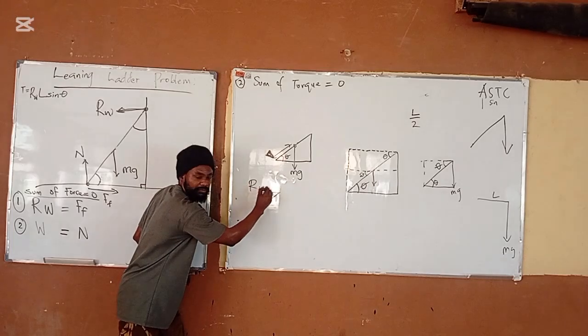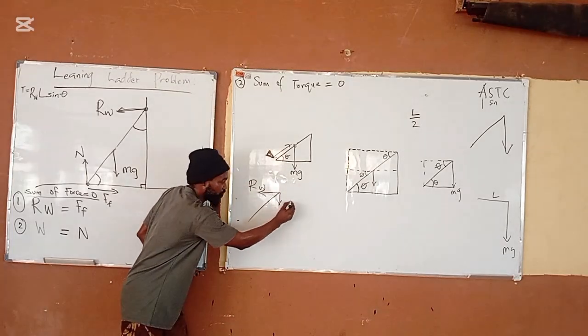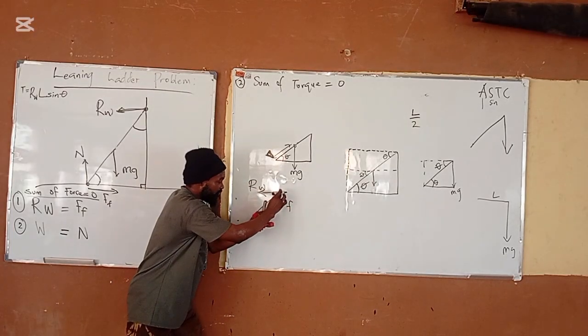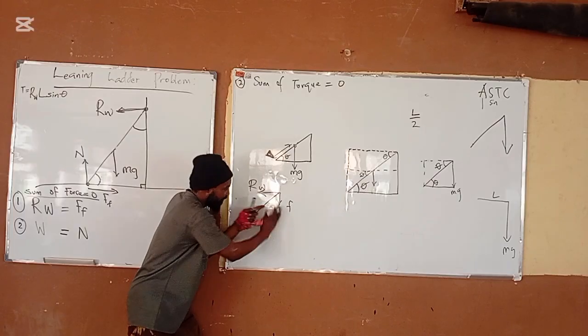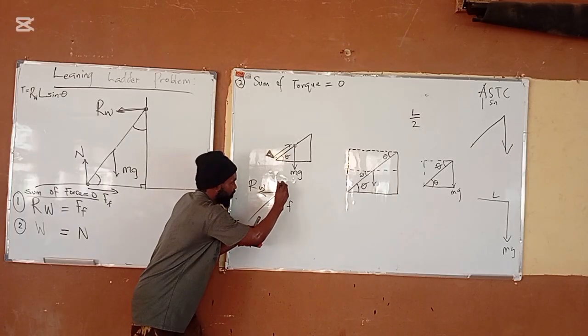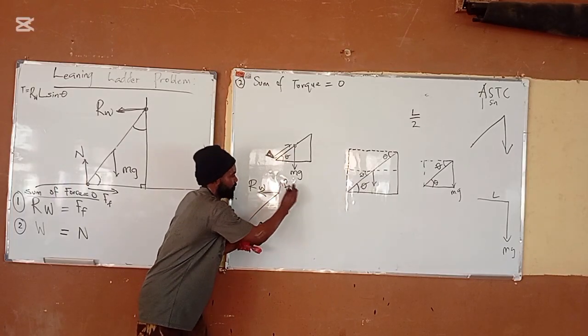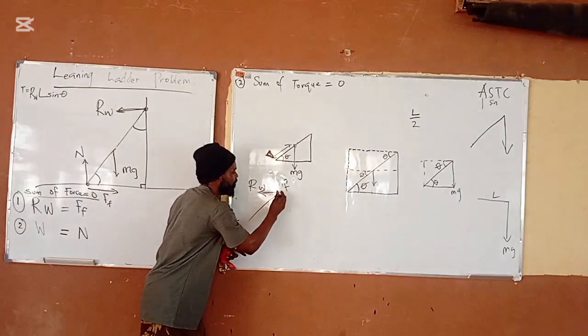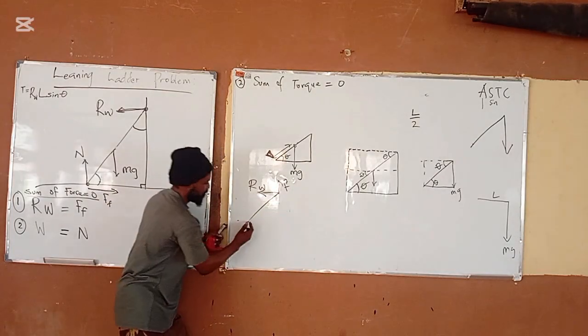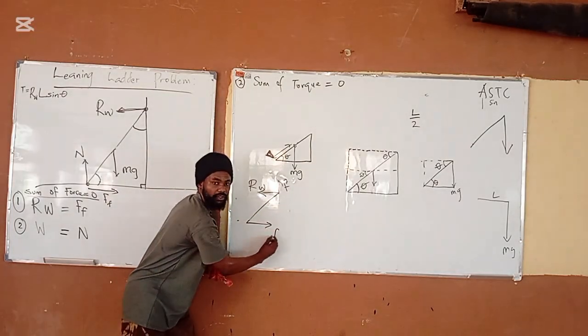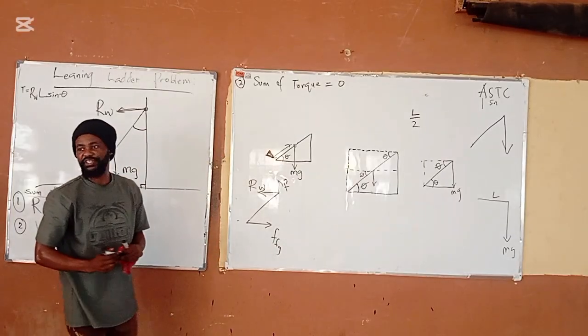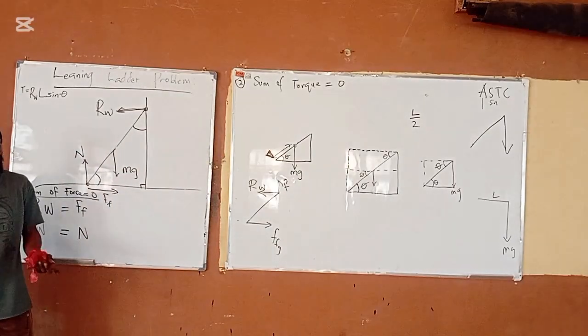Reaction of the wall. Friction. That is, if this ladder wants to slip like this, friction acting this way, friction acting upwards this way, and friction on the ground. Are you seeing it? So you can even note it.